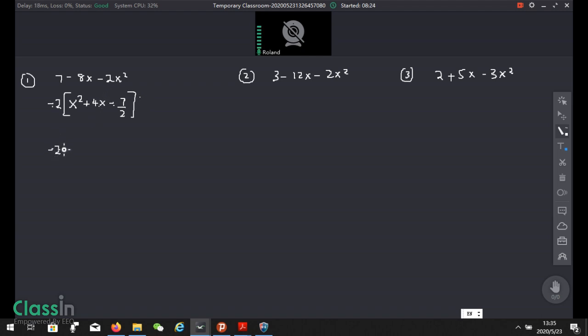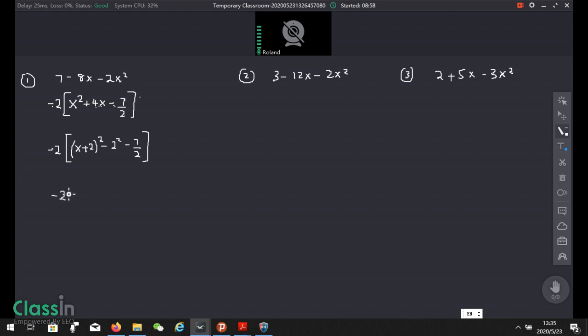So this expression is the same as this. Now negative 2 is out, and the coefficient of x squared is 1. Remember, the coefficient of x is 4, and as we said in the previous example, we take half of the coefficient of x. So half of 4 is 2. So this will be x plus 2 all squared, of course minus 2 squared. But there is negative 7 over 2, so minus 7 over 2.